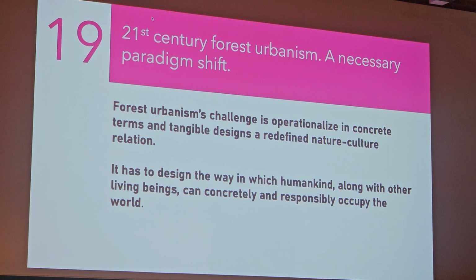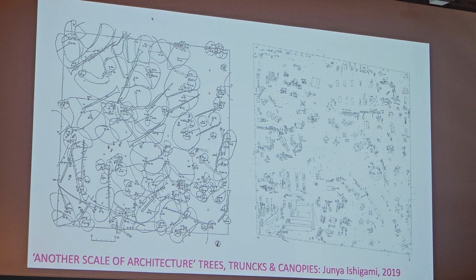So then what does all that mean for constructing forest urbanism? It's really about redefining the bigger system. What is the nature-culture relationship? And that's where we use, again, this is written 5,000 words per point, so a really short system.